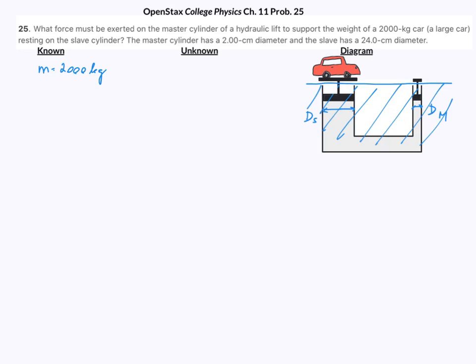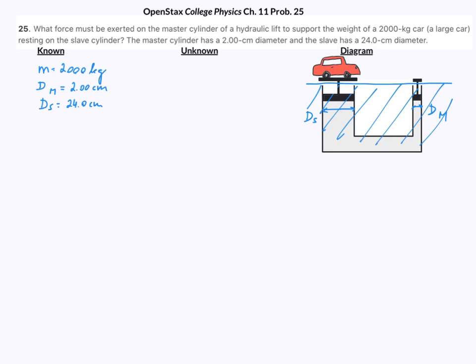And we're looking for the force that is exerted on the cylinder. So let me write here D master is, that's the small one, 2 centimeters. And D slave is 24.0 centimeters.